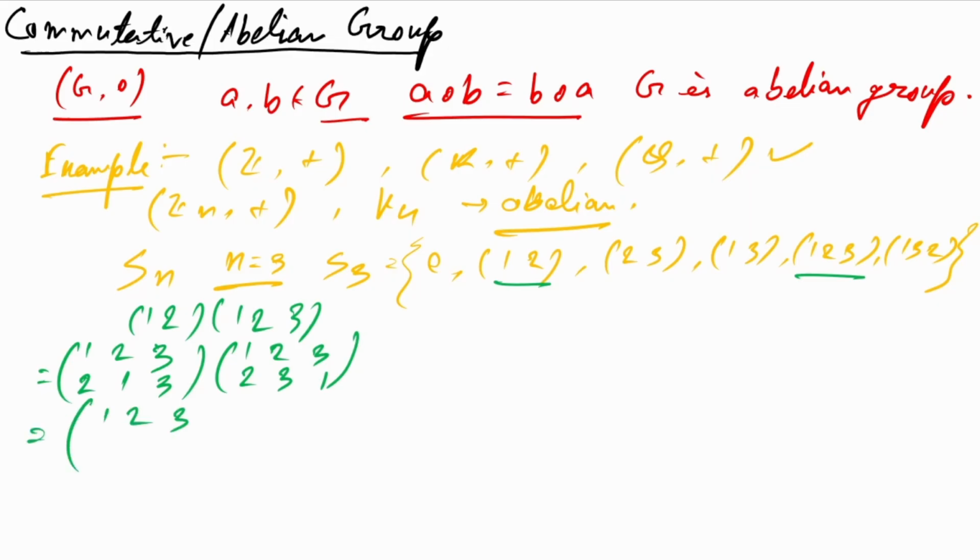Now how will we do the product? So 1 goes to 2, 2 goes to 1. So 1. 2 goes to 3, 3 goes to 3, 3. 3 goes to 1, 1 goes to 2. So 2. So this will be (2 3).